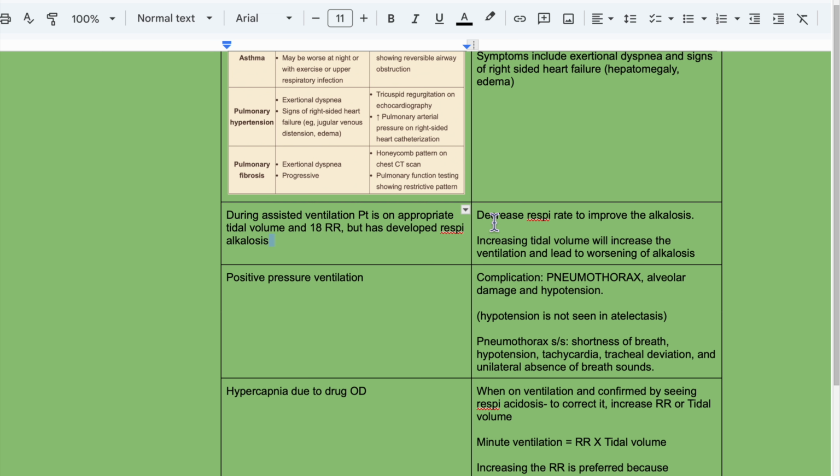So what will you do here? Decrease respiratory rate to improve the alkalosis, yes. Increasing tidal volume will increase the ventilation and lead to worsening of the alkalosis. So that's why we don't do that. Okay.